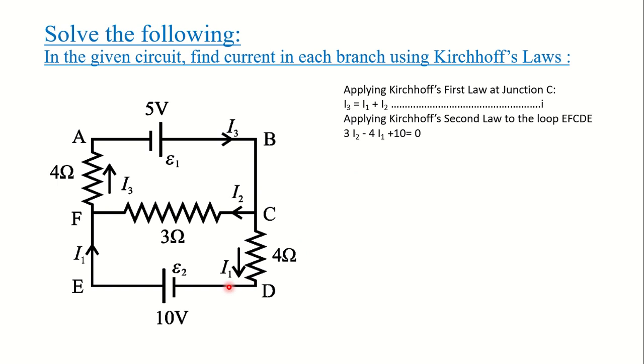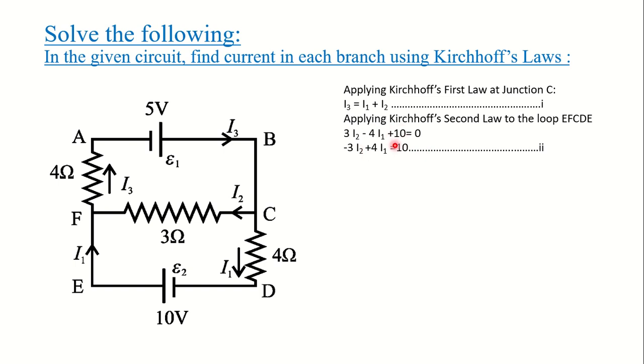And then we are moving across the cell to reach back to the loop. Here you can see E2 cell we are crossing from negative terminal to the positive terminal. So the EMF E2 has to be positive. So you can see in the equation it is 3I2 minus 4I1 plus 10 is equal to 0.